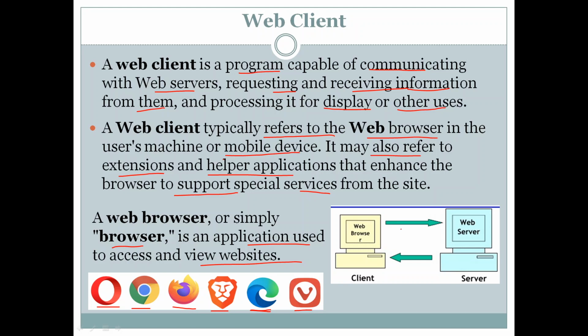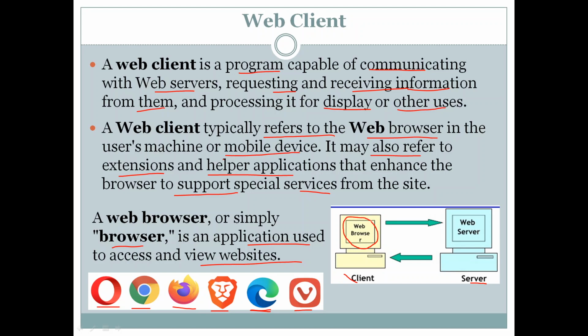Okay, now let's know how the web client and web server communicate. In general, as I've said, we have client technology. You can see a client machine here and a server machine, and on the client machine we have a client, which is generally termed a web browser. It is referred to as a web browser also.